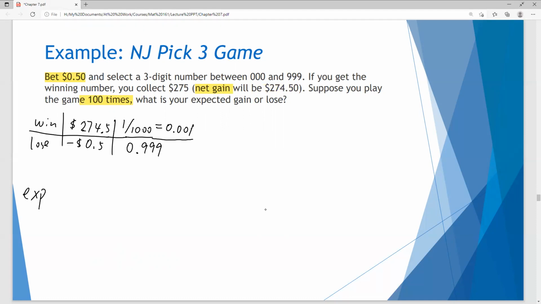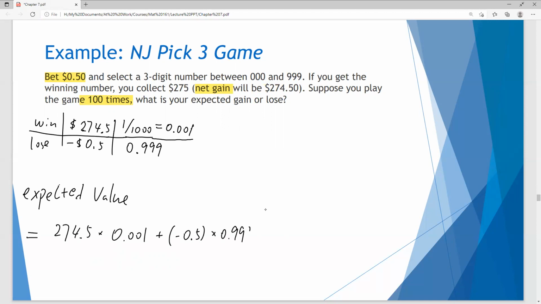Expected value is to win 274.5 by 0.001 and to lose 0.5 by 0.999.